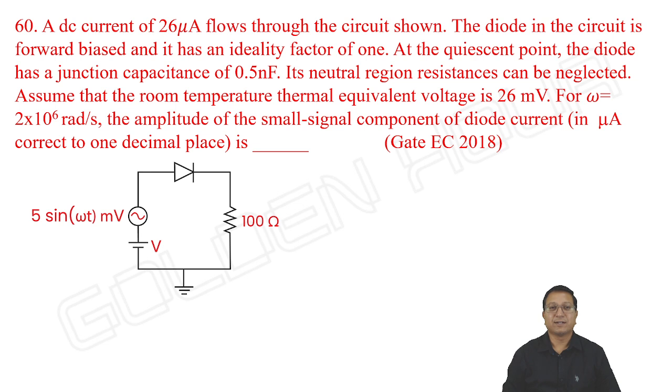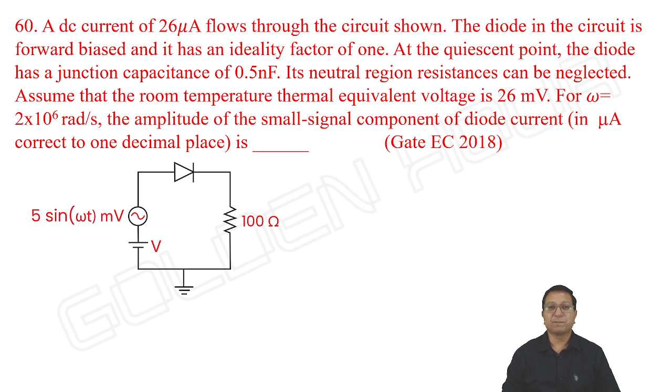A DC current of 26 microamperes flows through the circuit shown. The diode in the circuit is forward biased and it has an ideality factor of 1. At the quiescent point, the diode has a junction capacitance of 0.5 nanofarads. Its neutral region resistance can be neglected.